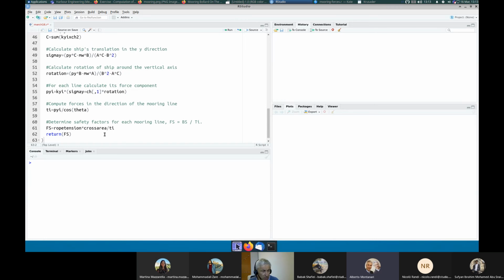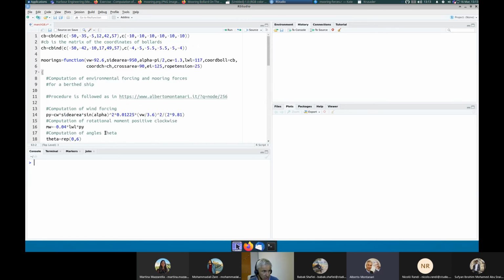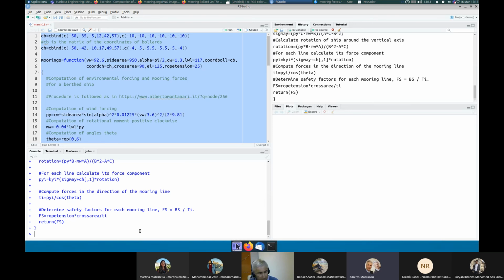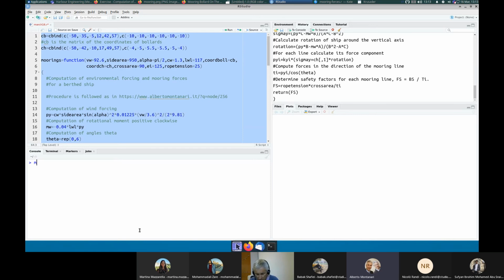So I have to put in the console everything from the beginning. Let me select the whole script with a right click, select all, and run it in the console. Now I can check what I obtain by running the function.